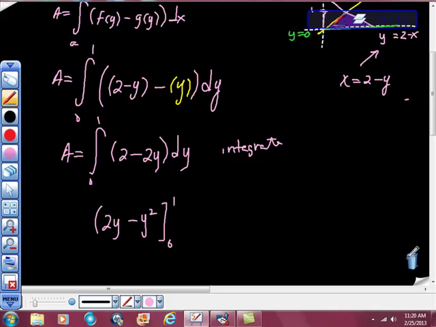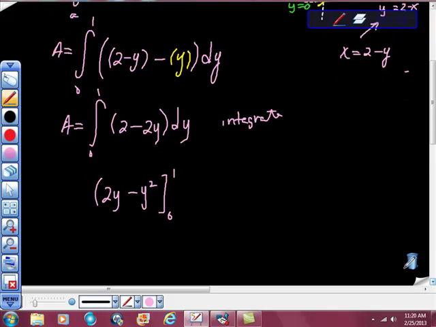And we can do this on a single interval. When I take that, remember the fundamental theorem of calculus: f of b minus f of a, so we take f of 1 minus f of 0. Well, f of 1 is 2 times 1 minus 1 squared, which is 1, right?